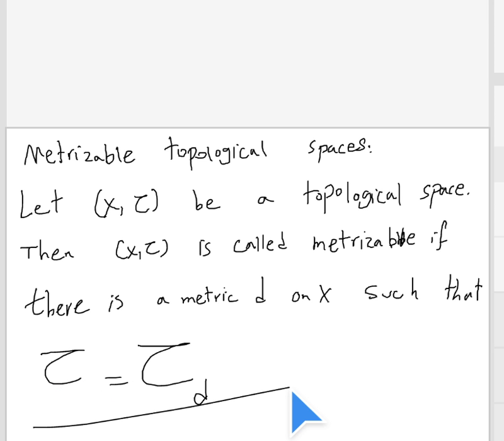Then we say that (X, tau) is metrizable.